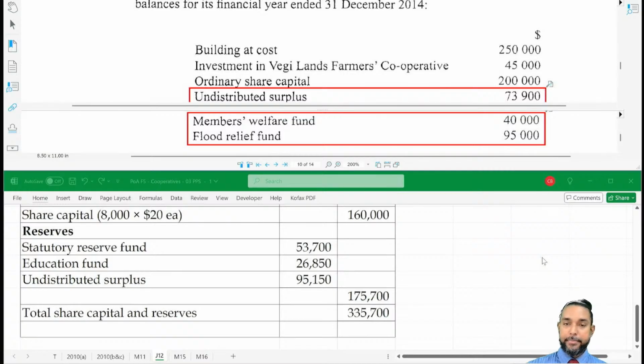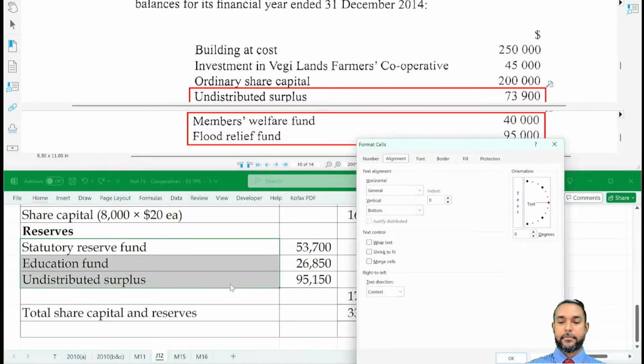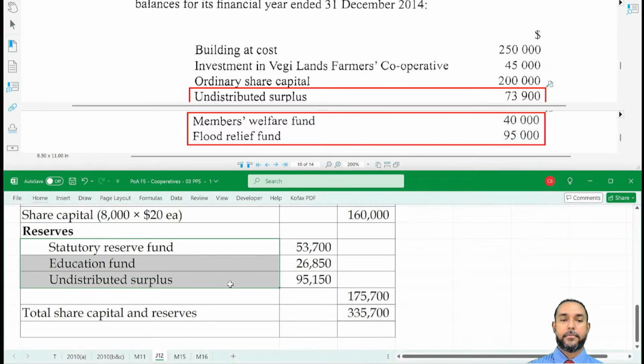So not the building, not the investment in Veggielands Cooperative, just the ordinary share capital and the other items boxed off in red. Those are the items, as you can see, that will go inside of here. All right, so I'll give you a few minutes to organize that, then we'll go on to our next one.